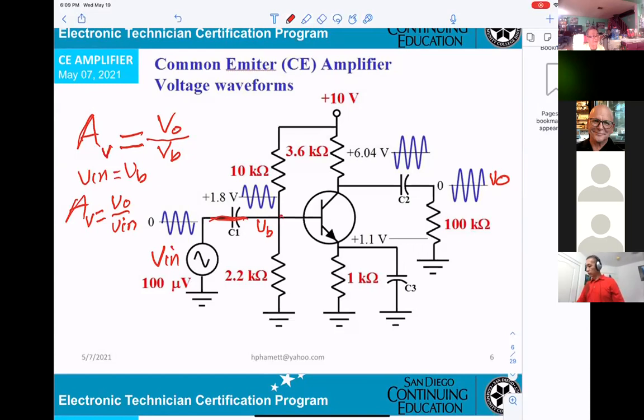Now, I'll give you an example. There's a generator, and if they put a resistor here, for example, they're telling you VB and V in are not the same. Continue to put a resistor right here.